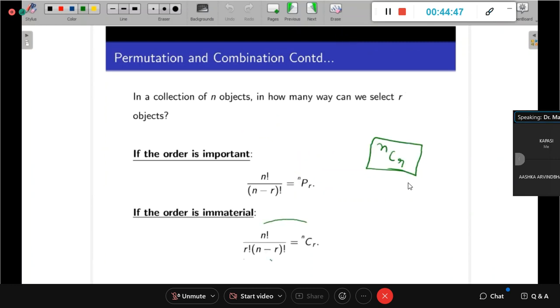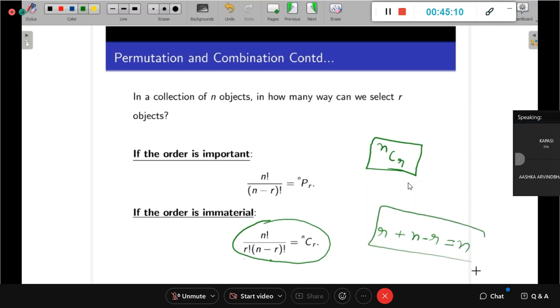If the order is immaterial, you have this: n choose r. Out of n, you can choose any r. So this is the formula. You can see r plus n minus r is n, if you can connect that to the previous result.